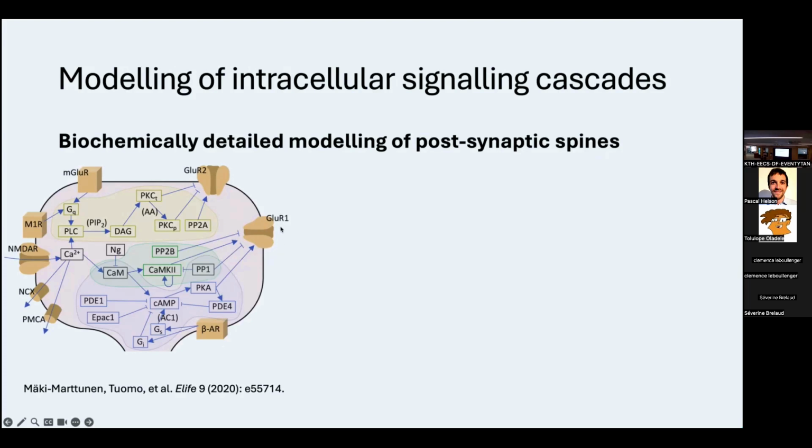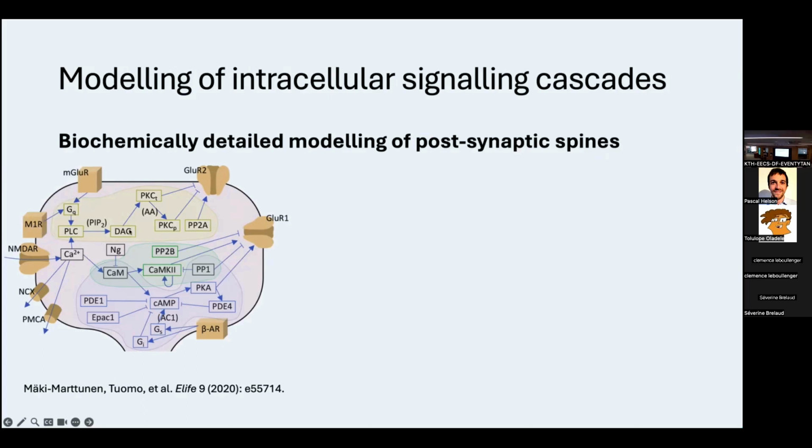inserted into the membrane. Then we have a PKC pathway, which needs calcium and GQ protein activation, and that can be achieved either by, for example, or acetylcholinergic M1 receptor activity.